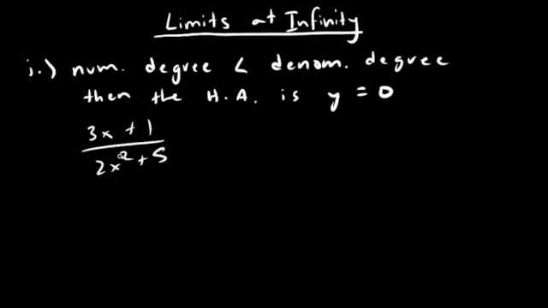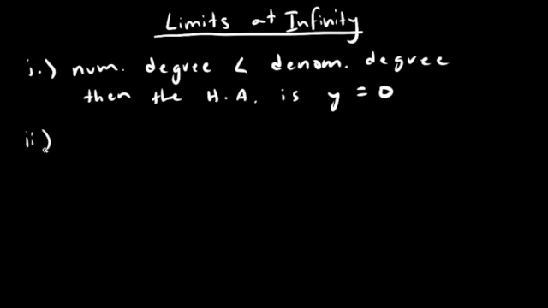This would show how the denominator degree is greater than the numerator degree, or in other words, how the numerator degree is less than the denominator degree, because 1 is less than 2. And so in this situation, we get the horizontal asymptote is y is equal to 0. And so that is pretty much the first rule that you need to know.